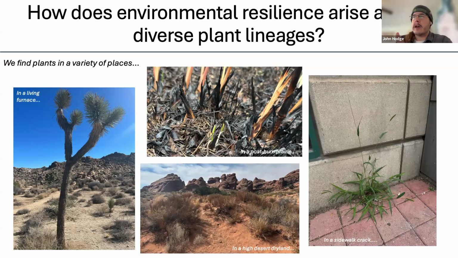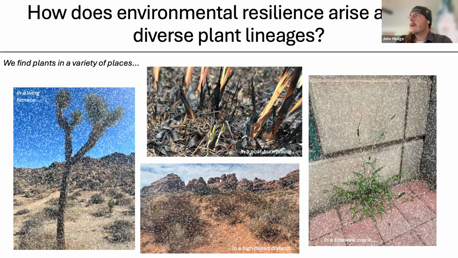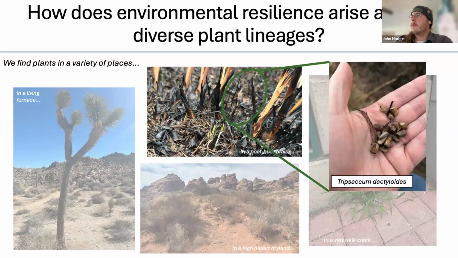Although we might not think there's a parallel to maize in some of these ecosystems, in some cases they're actually uncannily similar, because if we dig through the leaf litter, this is actually Tripsacum dactyloides. We're seeing a very close cousin of maize that's recovering from this fire, either by regenerating from its rhizomes or by depositing seeds into the seed bank.